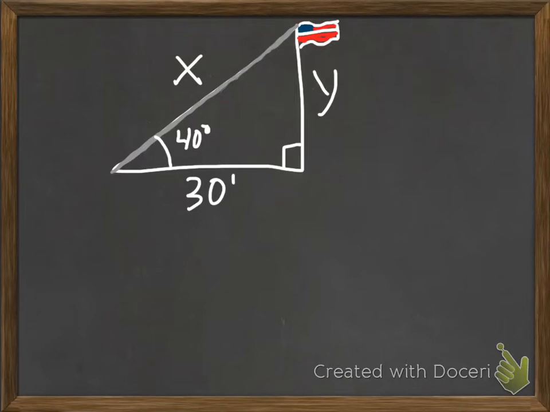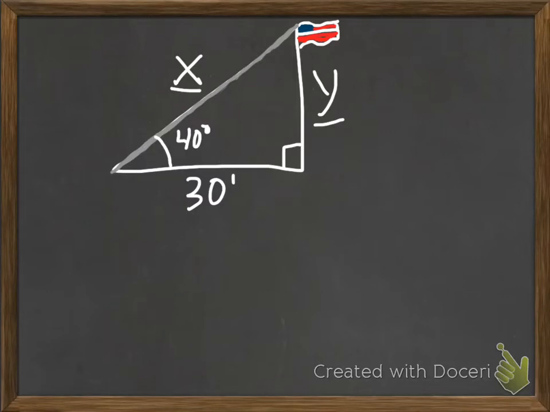The problem is you don't know how tall the flagpole is, which also means you don't know how much steel you need to make your support wire. So what you've got to do is figure out Y, which is the height of the flagpole, and X, which is the steel beam or the steel wire you're going to use to support the flag.